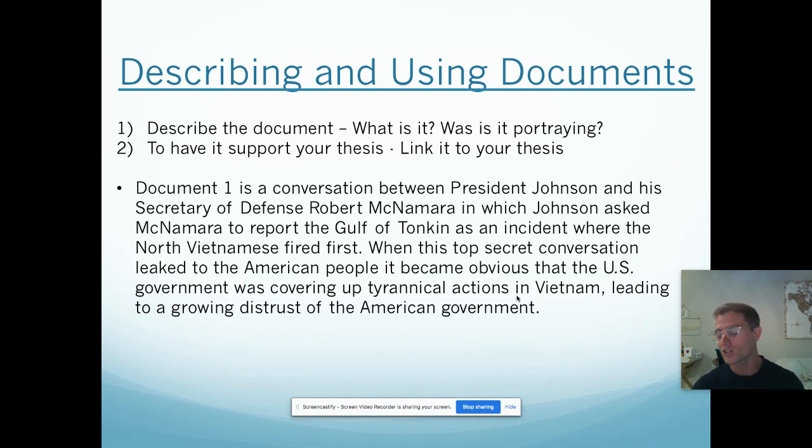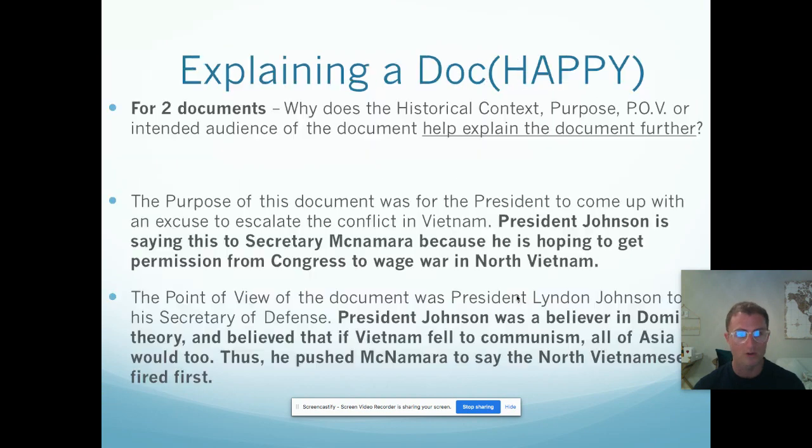But we also have to HIPP the documents. This document is one that we can absolutely HIPP because we know Johnson, we know a lot about this incident, we learned about it. So how can we explain this doc further? Now, first of all, this is the College Board's words: why does the historical context, purpose, point of view, or intended audience of the document help explain the document further?